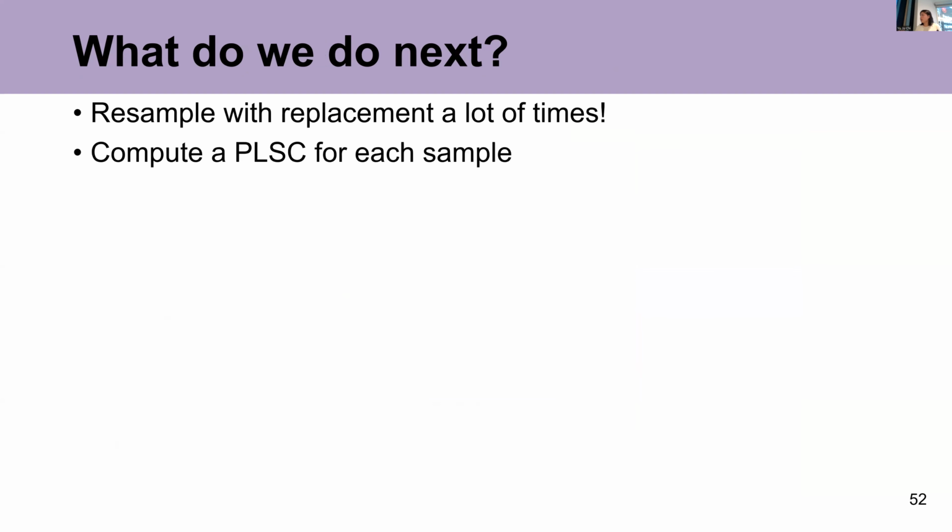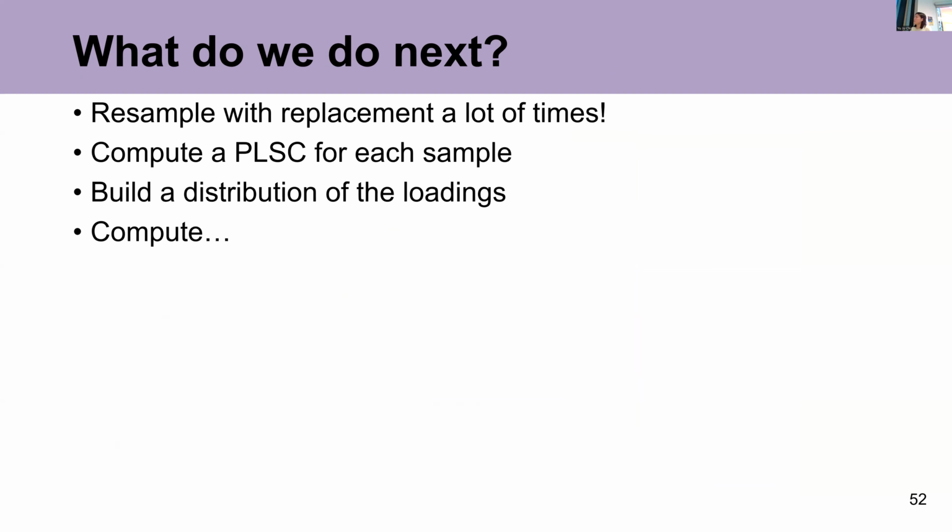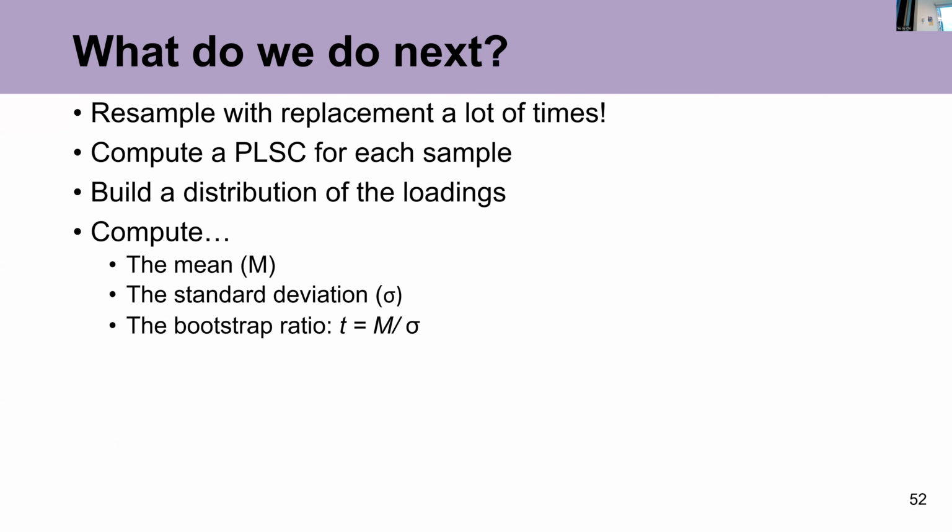So again, we repeat it 1,000 times, and then we do PLS every time, and we then build a distribution. And this distribution tells us how extreme the values could change based on our current data. From the distribution, we could compute the mean and the standard deviation, and then we compute a bootstrap ratio.